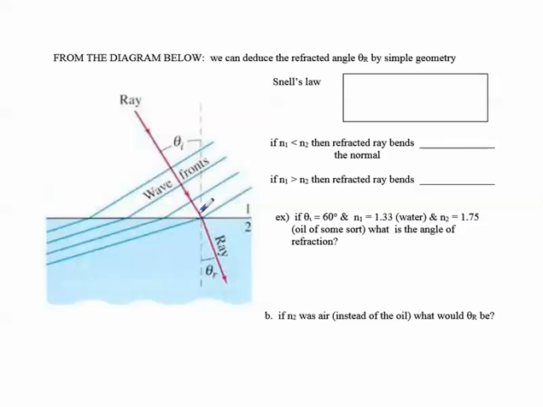The key thing to understand from geometry: if this is theta I right here, then this angle right there is also theta I. Okay. Now when we have the refracted ray, we have a theta r, and in that medium we have another wavelength.